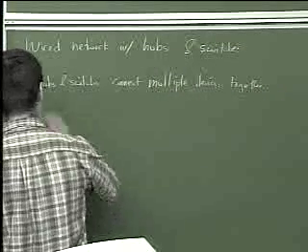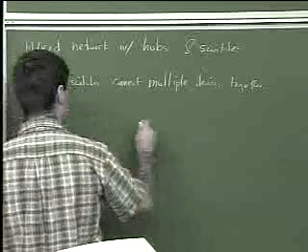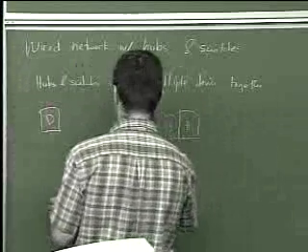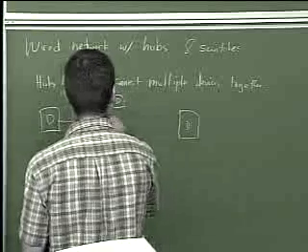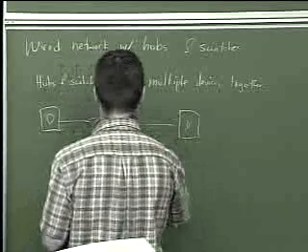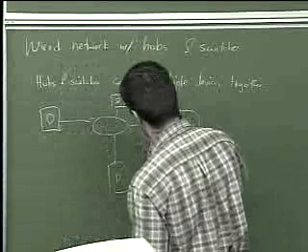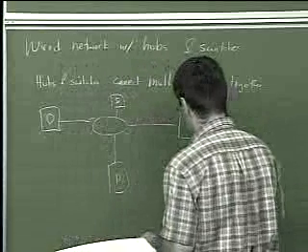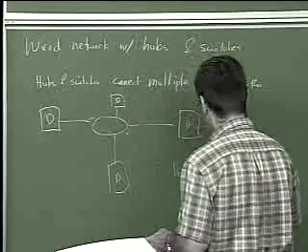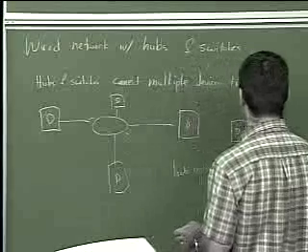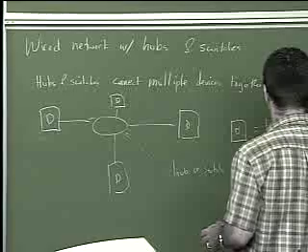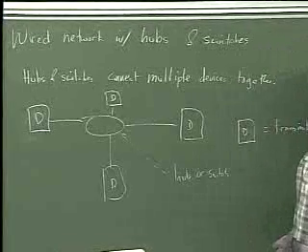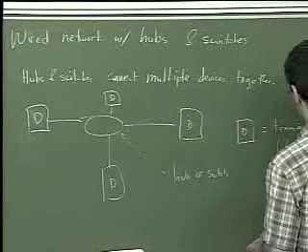So for instance, here, let me draw devices as a square. These are devices that transmit. This thing here is a hub or a switch, and the Ds are your transmitting devices, your computer.